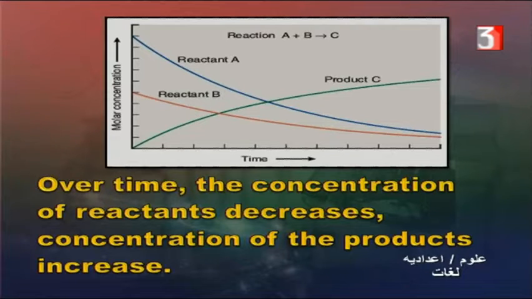Again, in this figure, we can see the reaction between two compounds A and B to produce compound C, and the relation between molar concentration of product and reactant with time. Over time, the concentration of reactant decreases, but the concentration of the product increases.